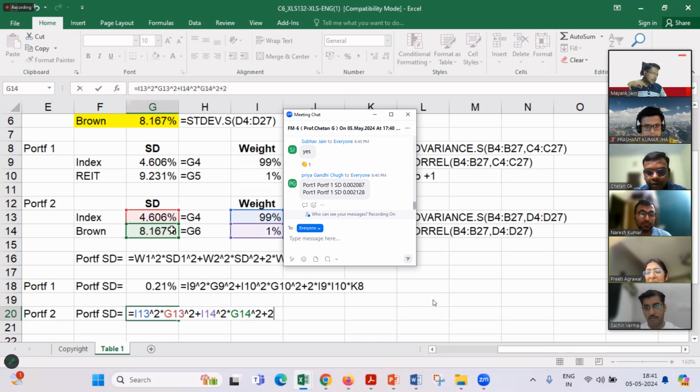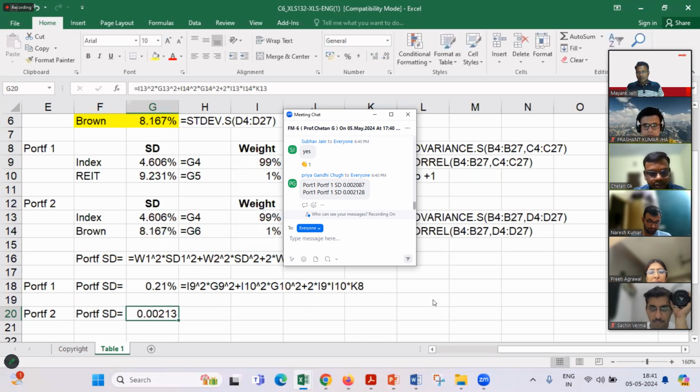First one, my answer is like 2087, means 20.87. Then weight multiplied by covariance, this one. Just see, is your answer and my answer tallying?